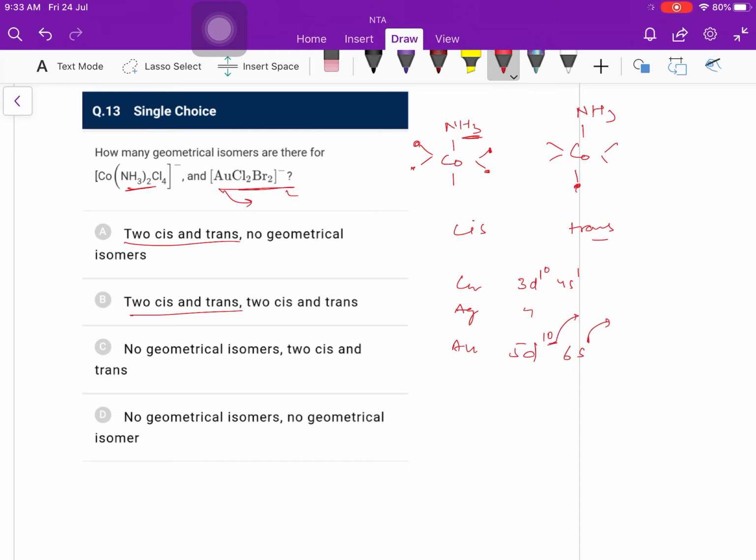Also, going down the group, the chances of forming the square planar structure increase. So we'll go with the square planar structure, and when square planar, for AuCl, if Cl is kept here, it will be trans, and if Cl is kept here, it will be cis. So again there are only 2 options left, cis and trans forms.